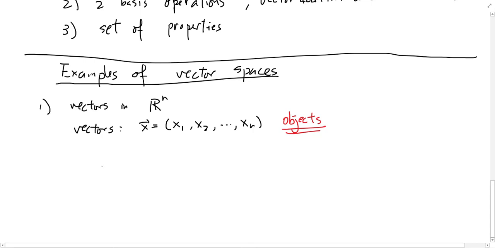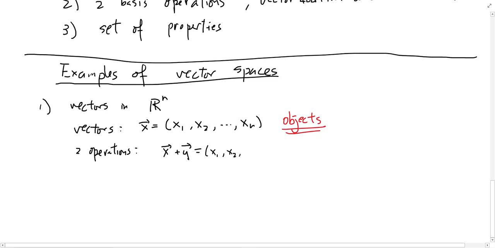Number two, I must define two basic operations that allow us to actually work with this group of objects. Remember, a vector space has to be a set of vectors, basic operations, and a set of properties. So the next thing I want to talk to you about would be the two operations. We'll define the two operations the following way. If I have vector x plus vector y, how do I add these two vectors together?